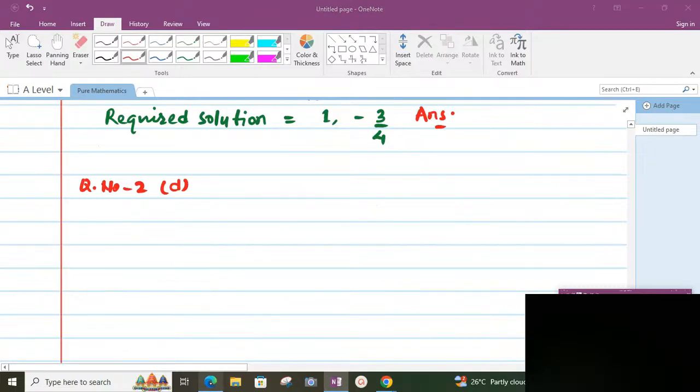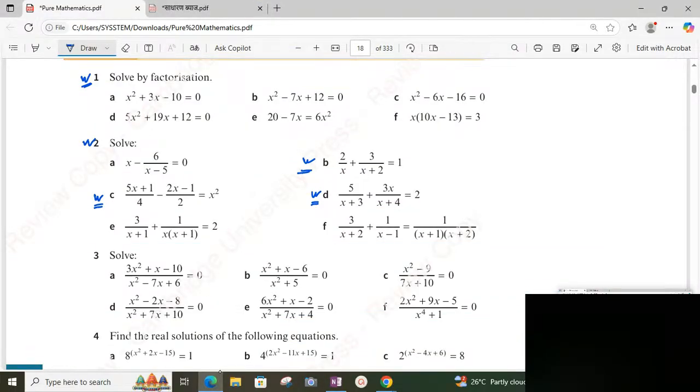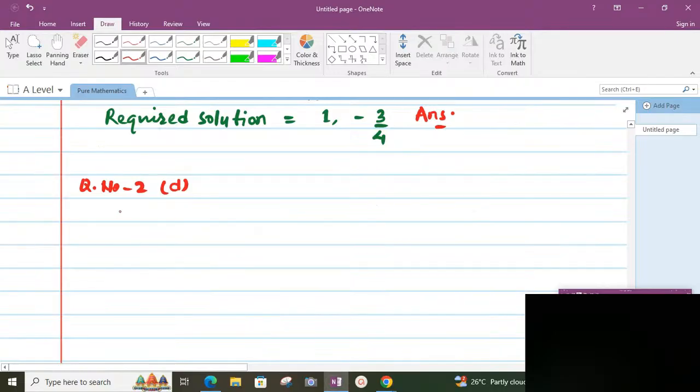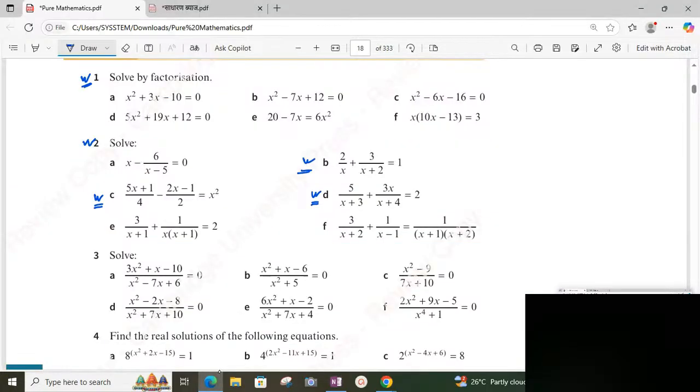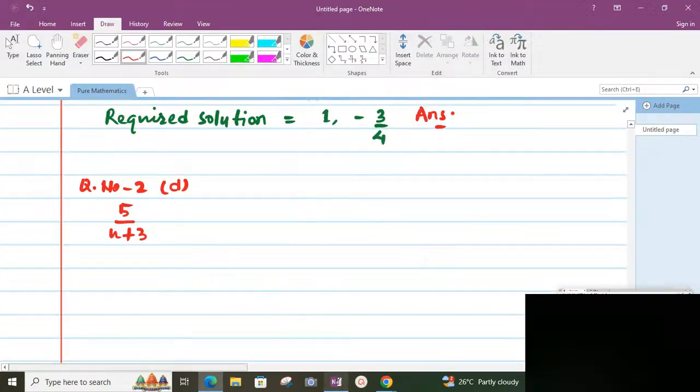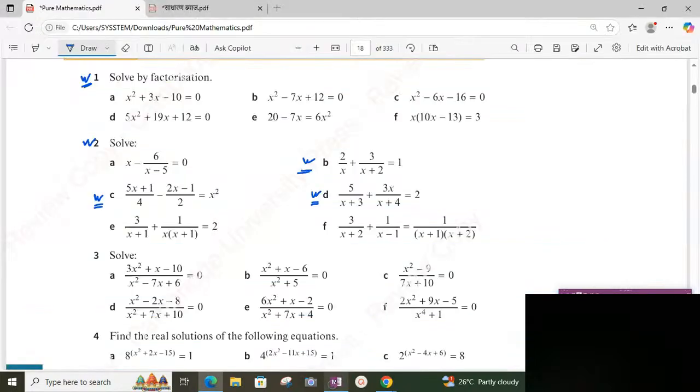Here question is 5 by x plus 3. We will write down here 5 by x plus 3 plus 3x by x plus 4 equal to 2.